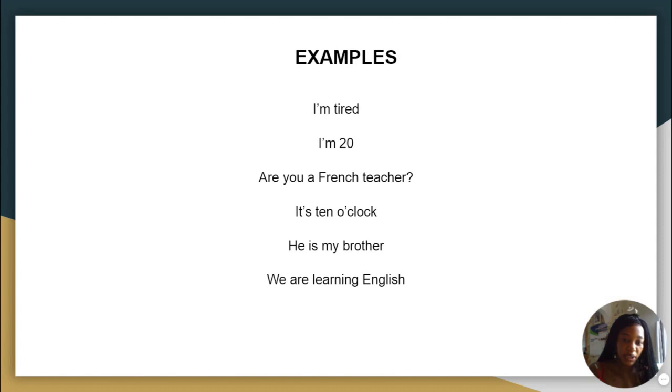Nous apprenons l'anglais. They are our neighbors. Ils sont nos voisins.